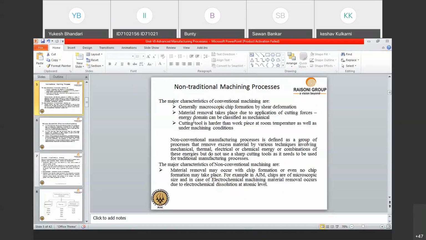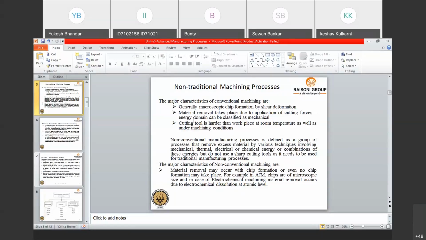Also, in non-conventional machining processes, we don't use the sharp, harder cutting edge which we must use in conventional machining processes. Now we'll see the major characteristics of non-conventional machining processes.